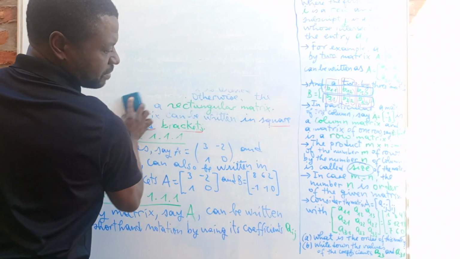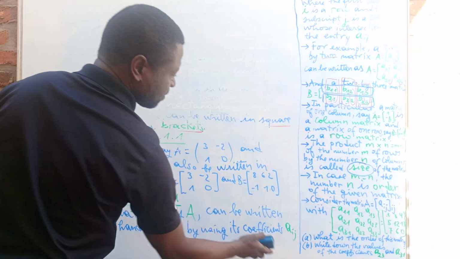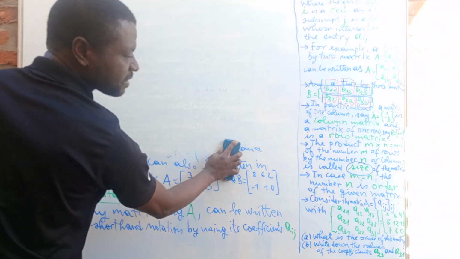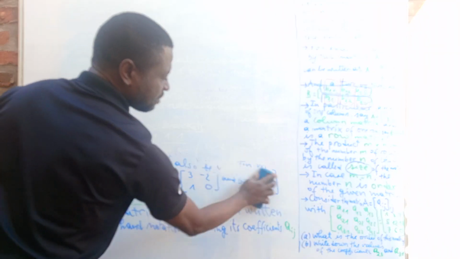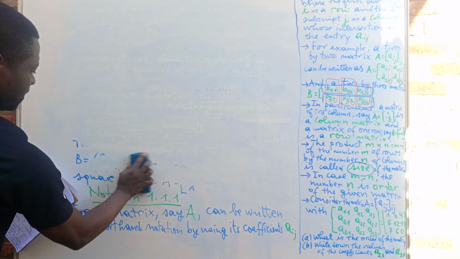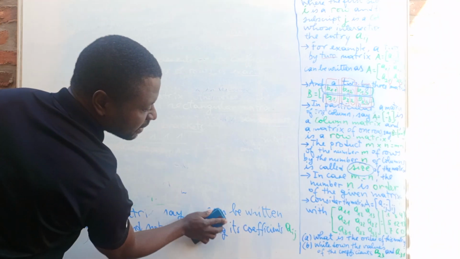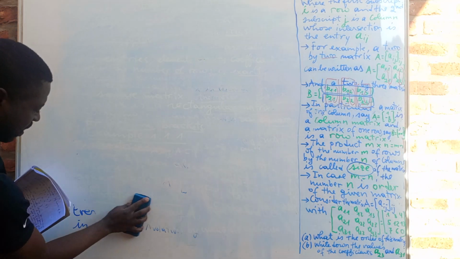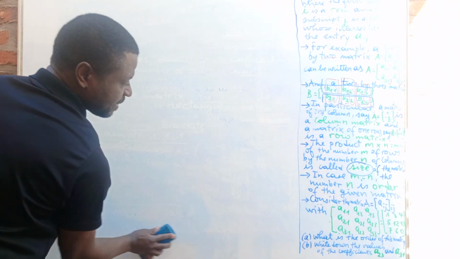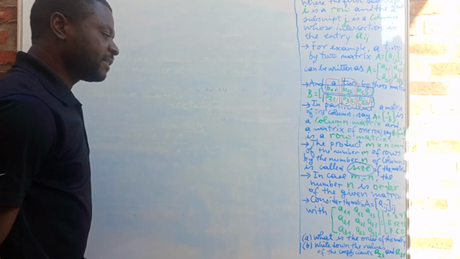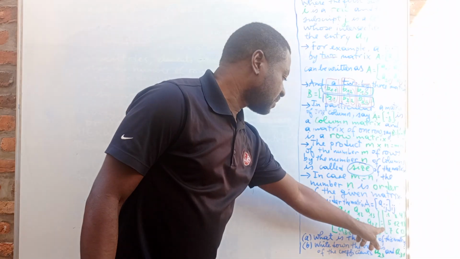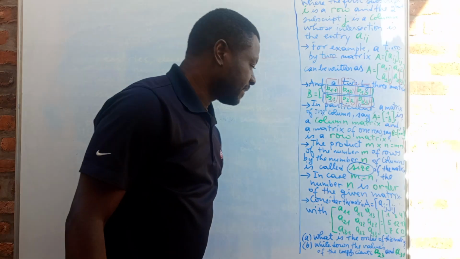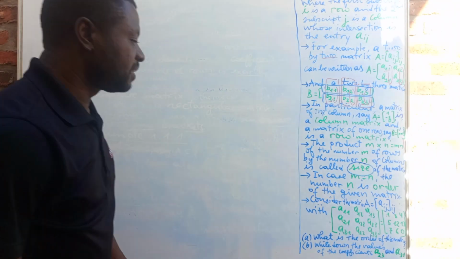We are going to answer these 2 questions. Question A: what is the order of this matrix? Question B: we are going to find the coefficients A23 and A31. With this sign of equality, we will make a video later on about what it really means.